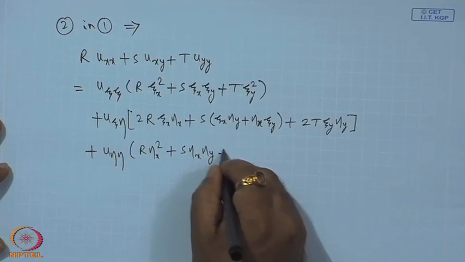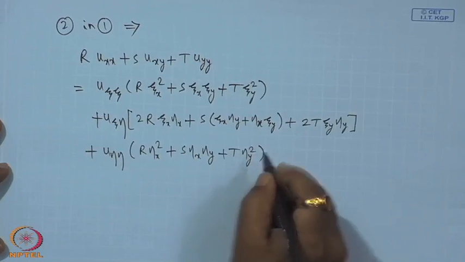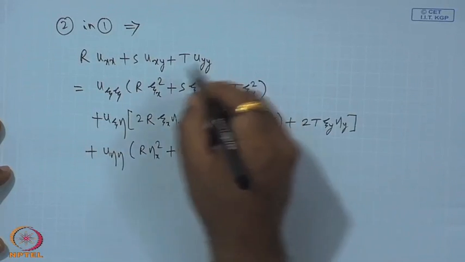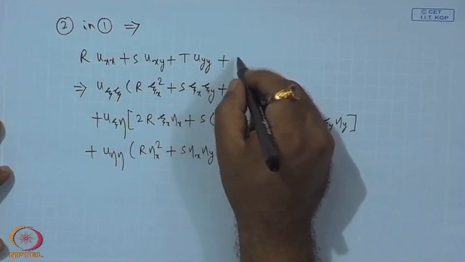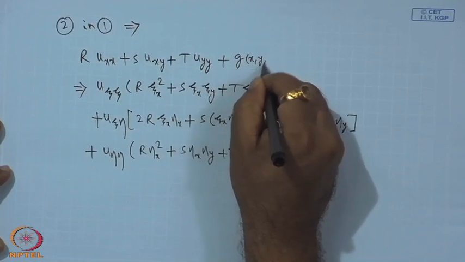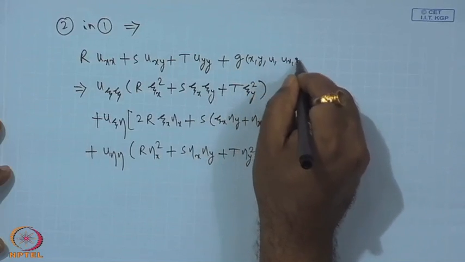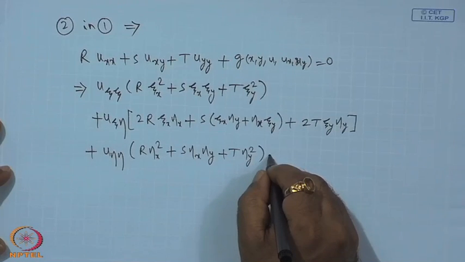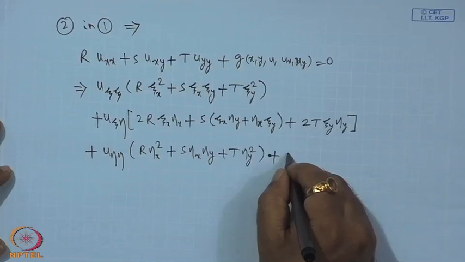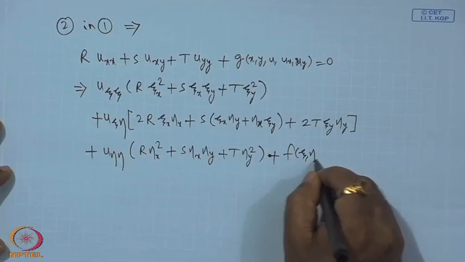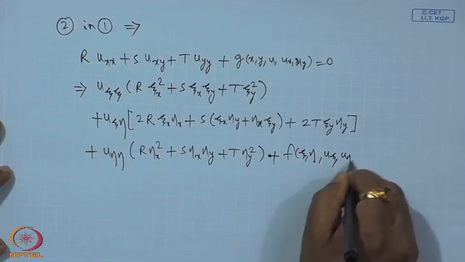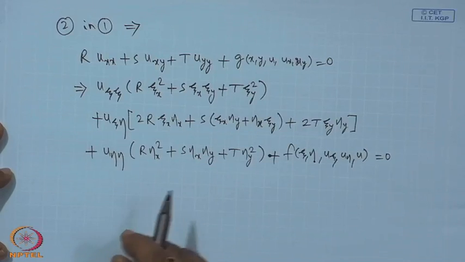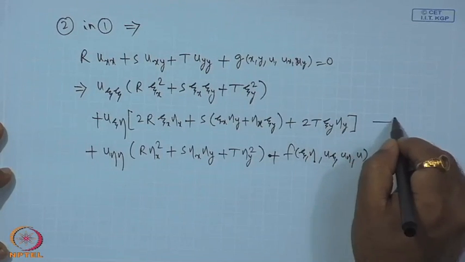It's a bit of algebra. So this plus g uy equals 0 implies this plus some function we get equals 0. Now this I will call 3.